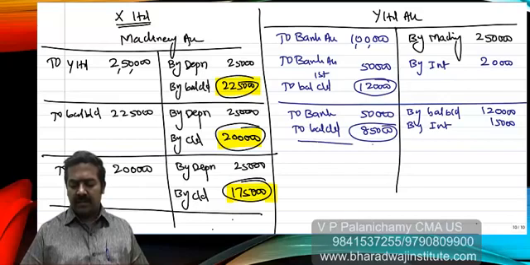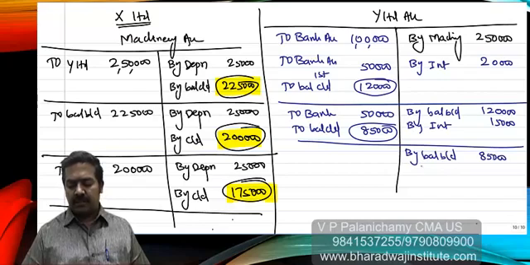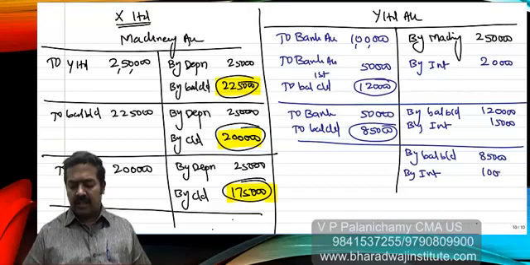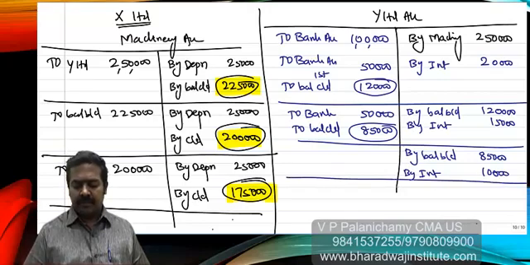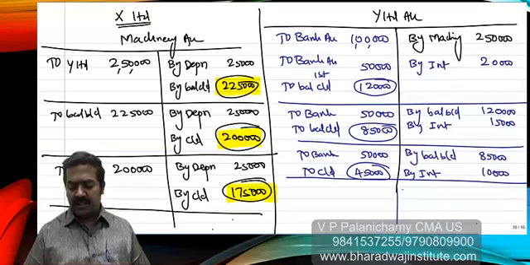Next year, by balance brought down 85,000. By interest 10,000. Then third year, to bank 50,000 is paid. To balance carry down 45,000.